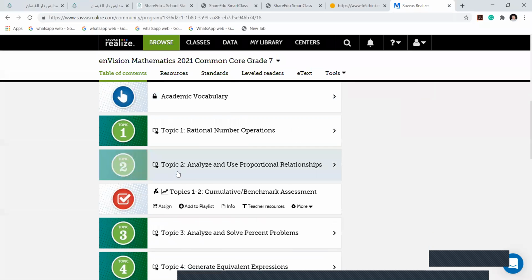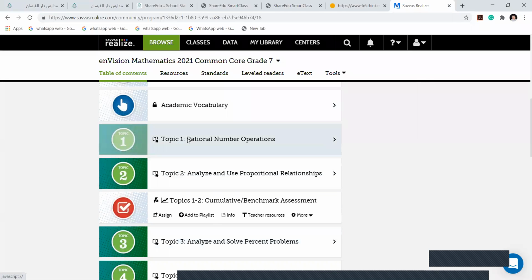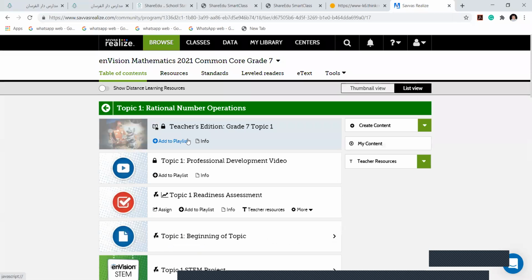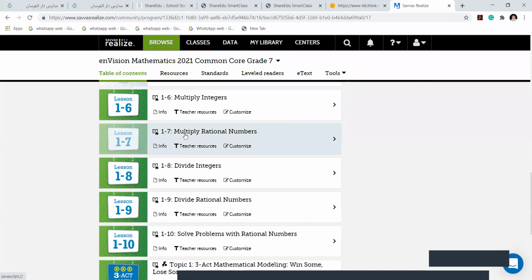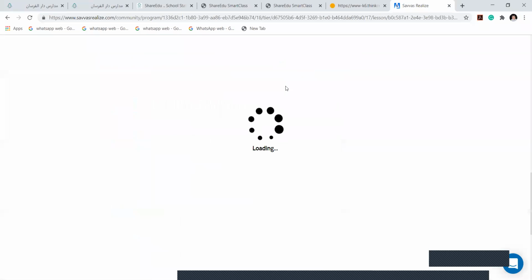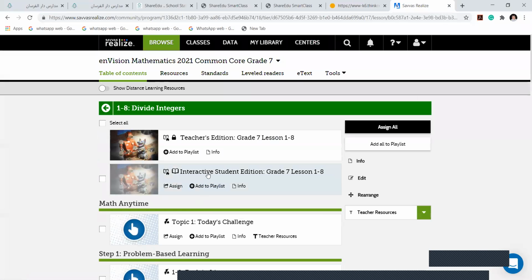If it opens, it's okay for me. But if it doesn't open, send me.